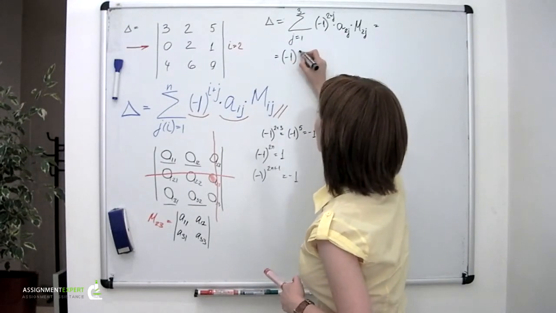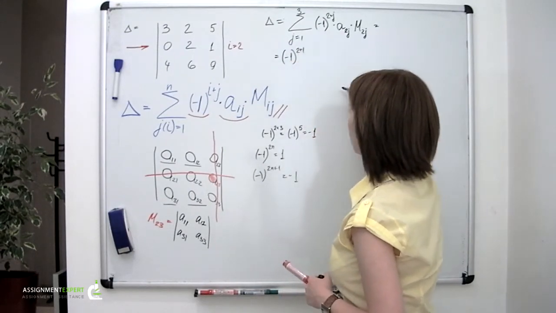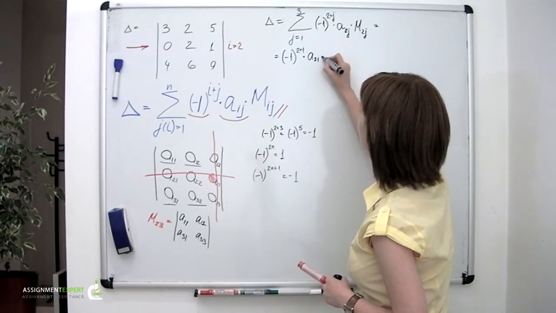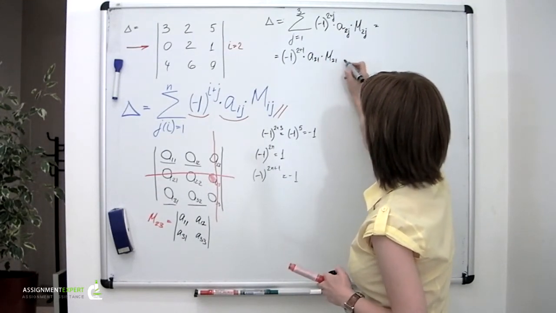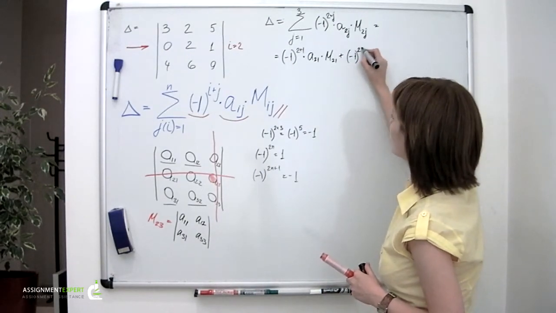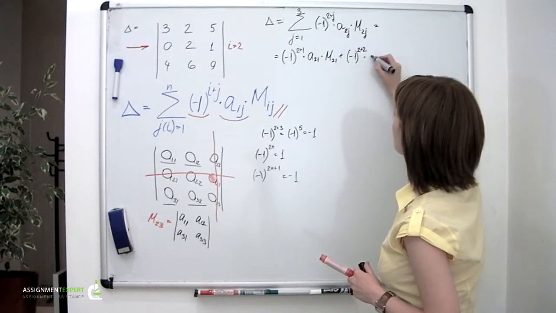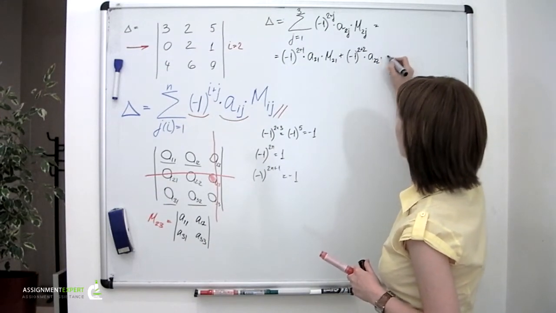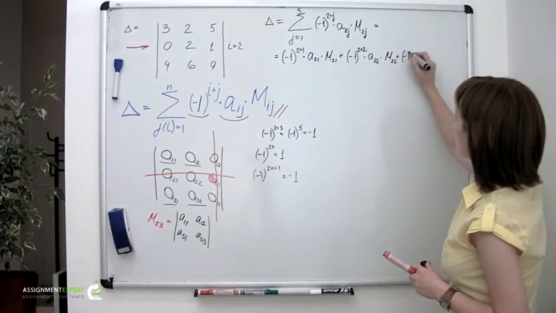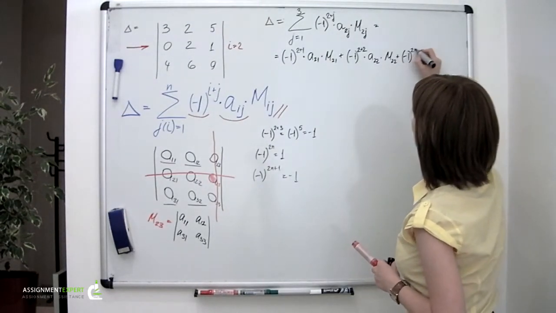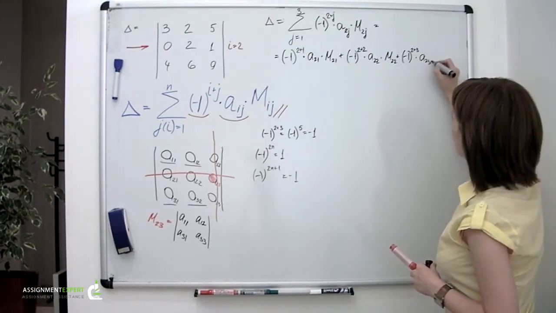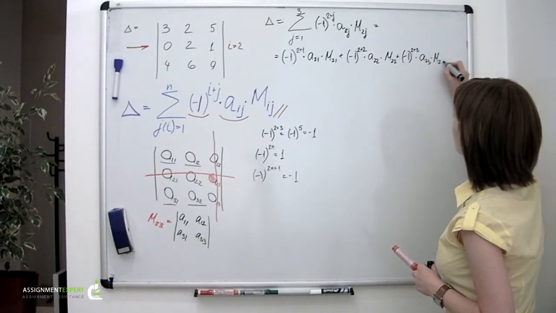Minus 1 taken to the power of 2 plus 1 times a_21 times M_21, plus the second summand, minus 1 taken to the power of 2 plus 2 times a_22 times M_22, and then the third, minus 1 to the power of 2 plus 3 times a_23 times M_23.